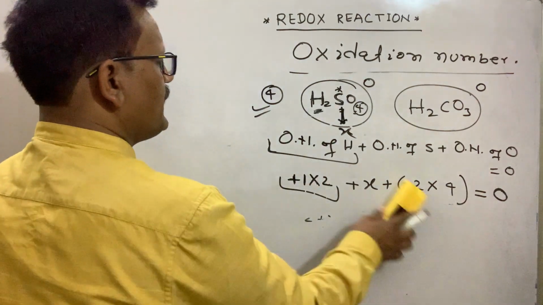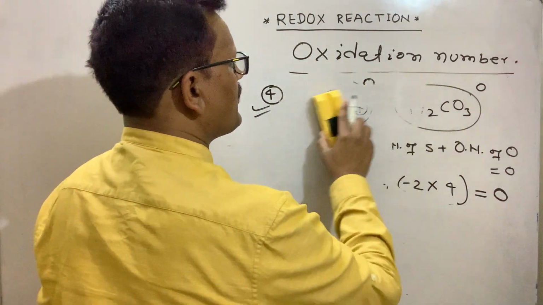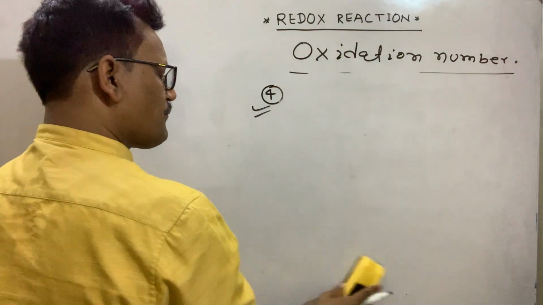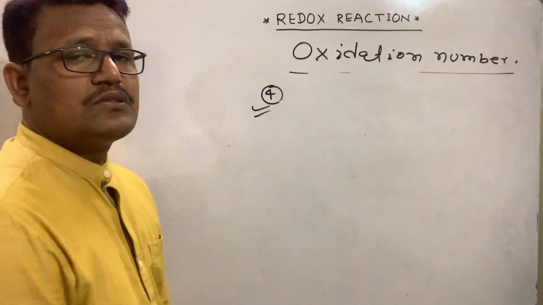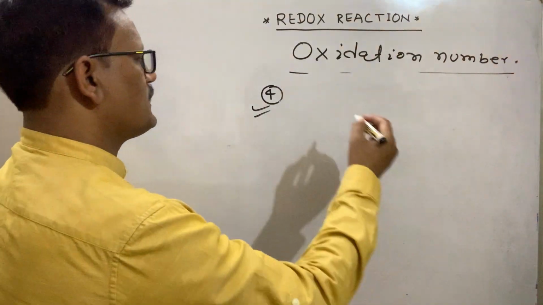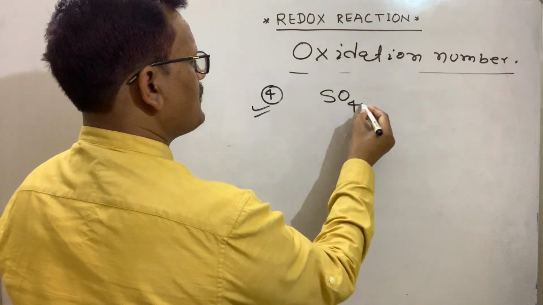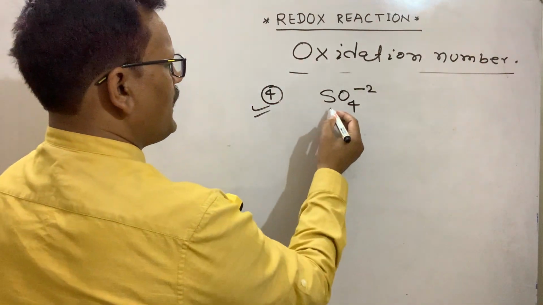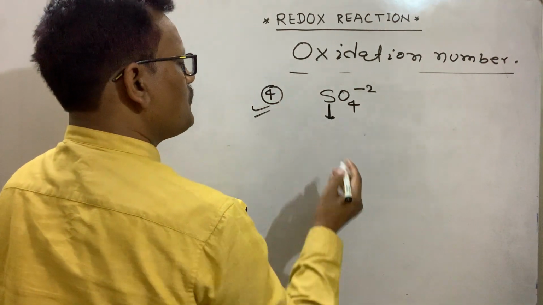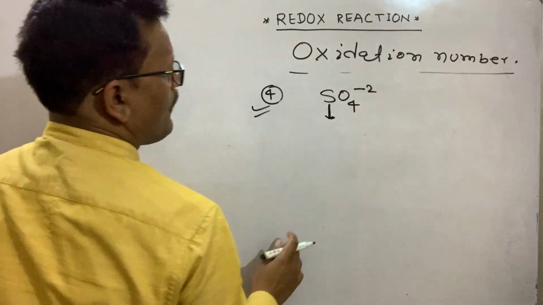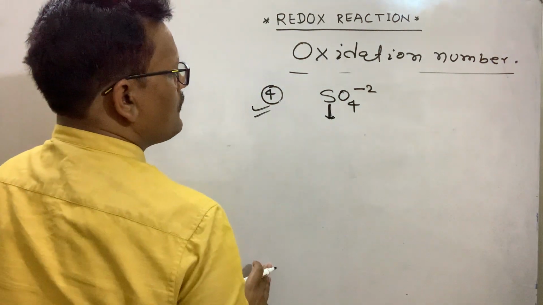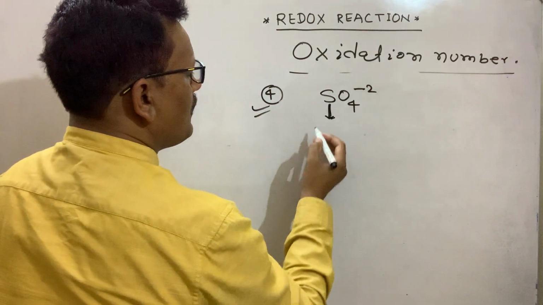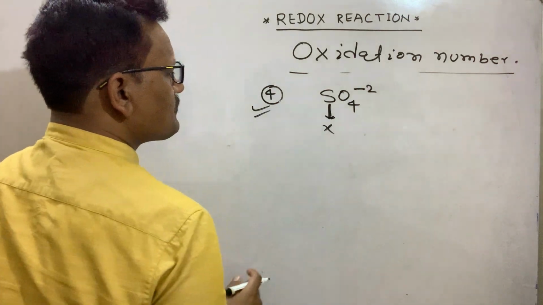Now in case of a polyatomic ion, meaning an ion which has two or more atoms, like this sulfate ion, first we have to let the oxidation number of sulfur be x.